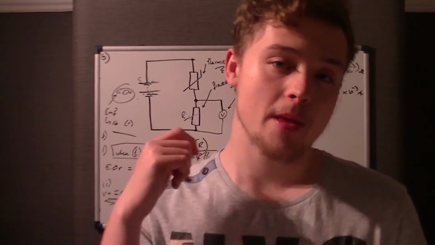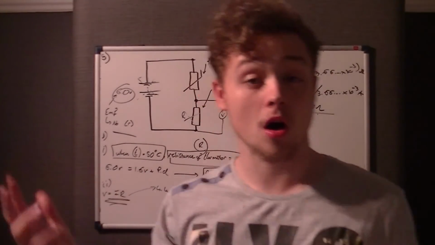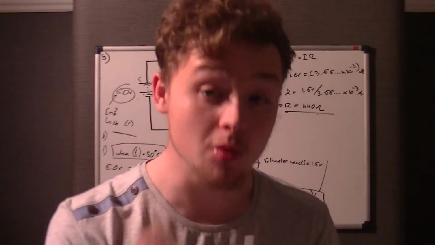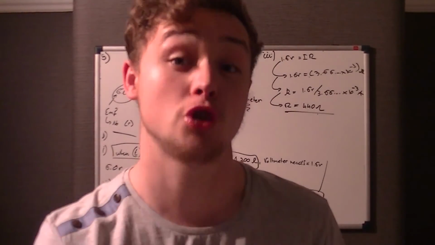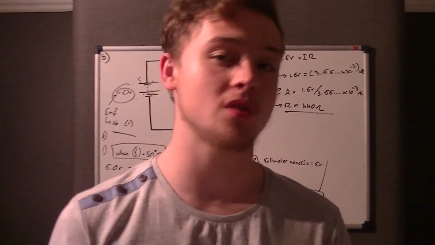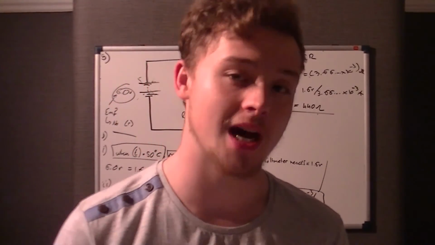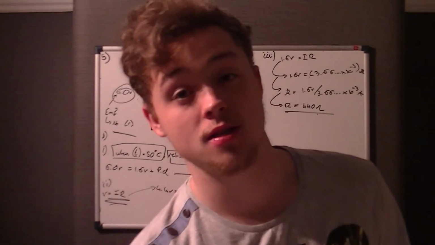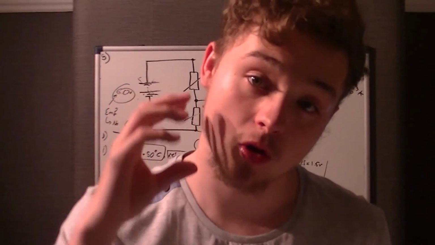That's because this R is a fixed resistor, and we're increasing the total resistance of the circuit by introducing this internal resistance. As E equals IR plus I little r, we are increasing total resistance, so current must decrease.